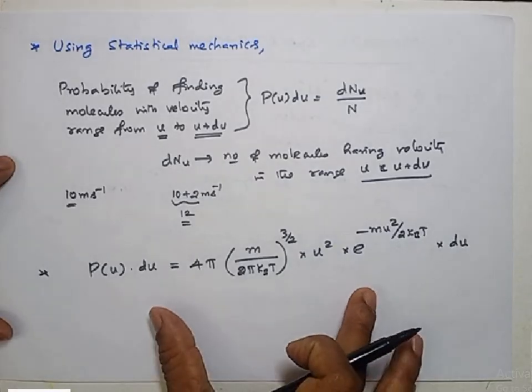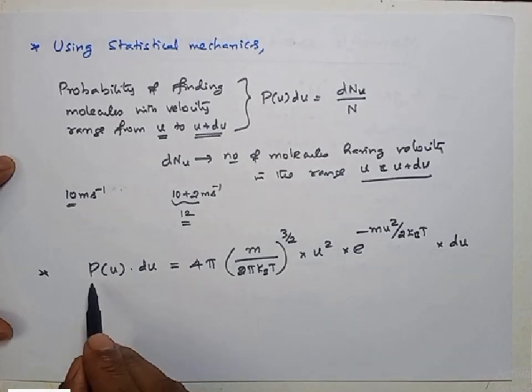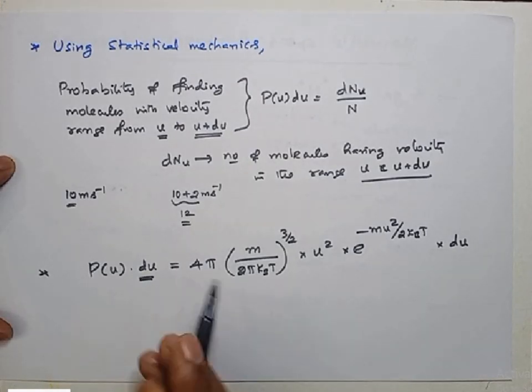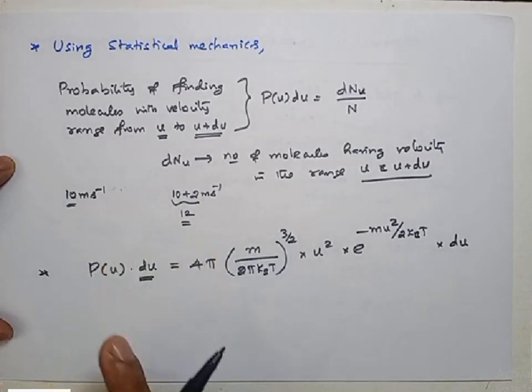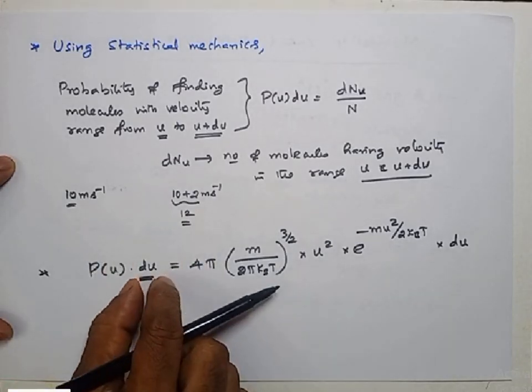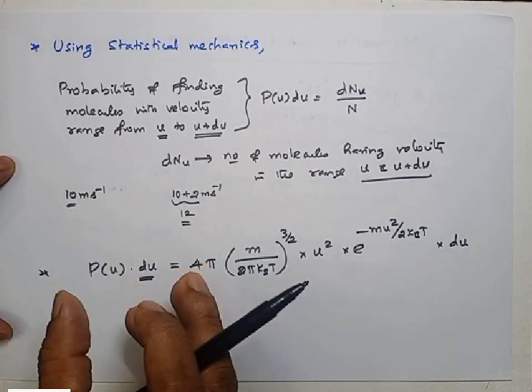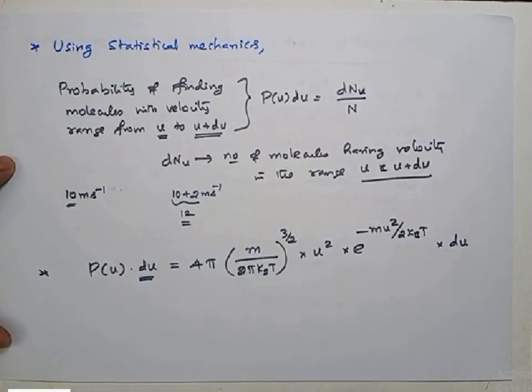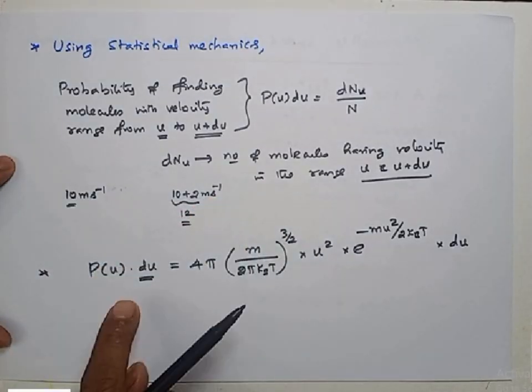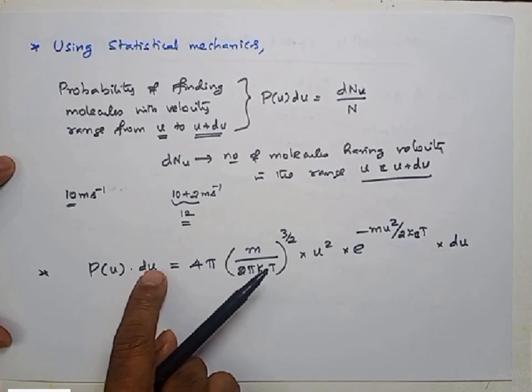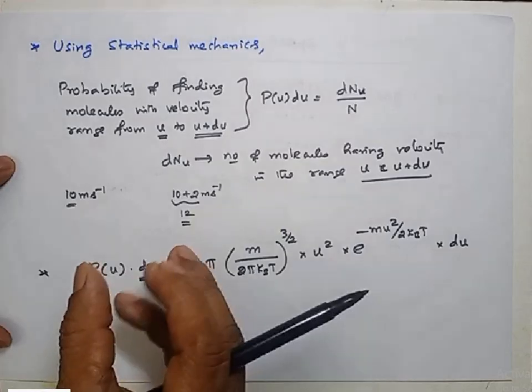So this formula will give you the probability of finding a molecule in the range u and u plus du, which means in the range du. In this velocity range, what is the probability of finding a molecule?